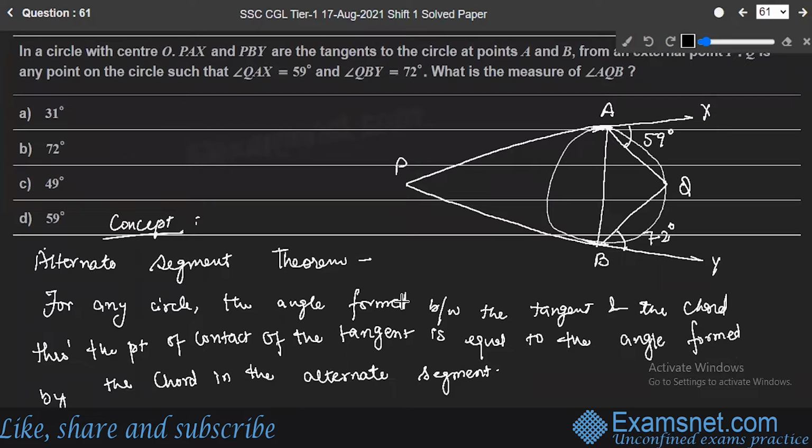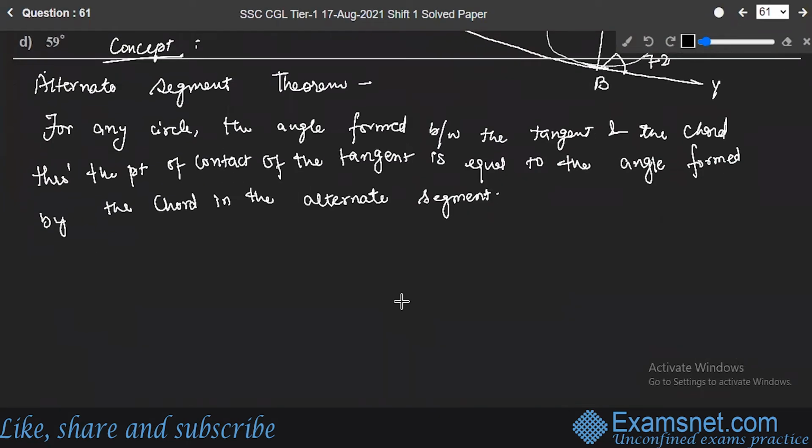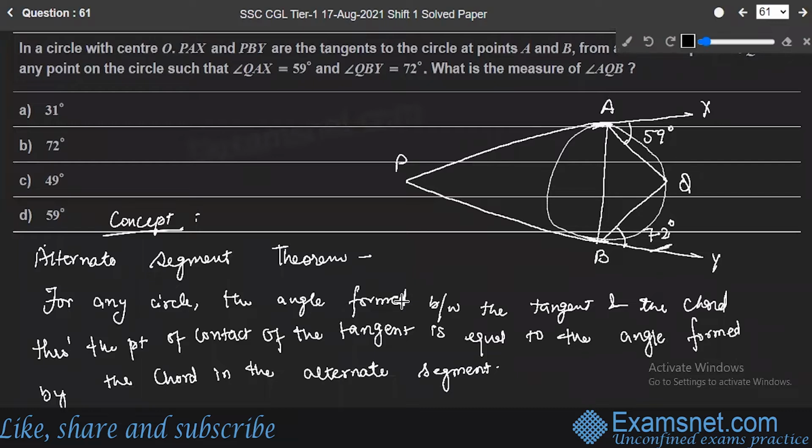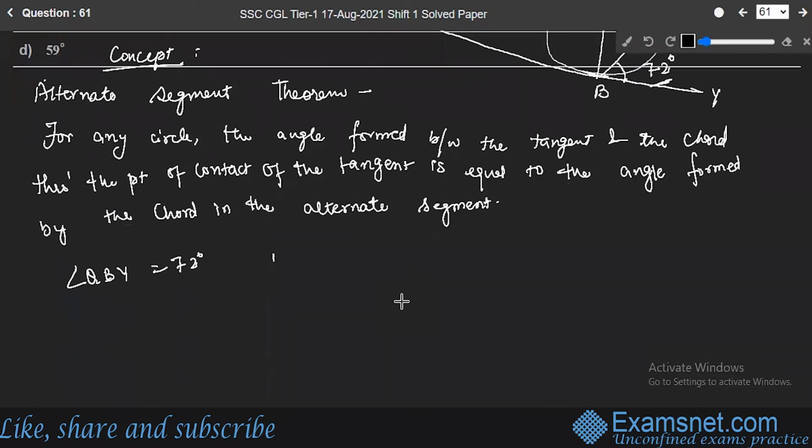Now look at the figure very carefully. What are you given? You are given two things. Angle QBY is equal to 72 degrees. If angle QBY is equal to 72 degrees, then angle QAB, this angle, is also equal to 72 degrees. Why?